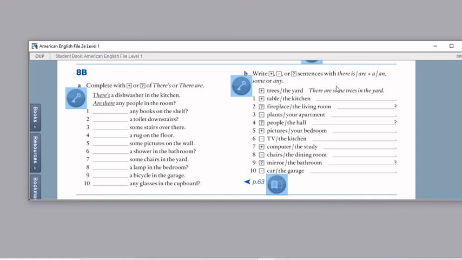It is very important that you use the symbols to help you know the answer. So this is an example. Affirmative plural, and you have a reference. So affirmative plural you use there are. Also affirmative plural you use some. There are some trees in the yard.